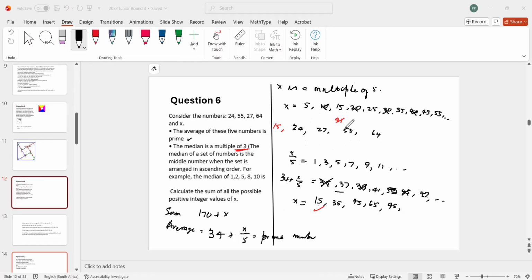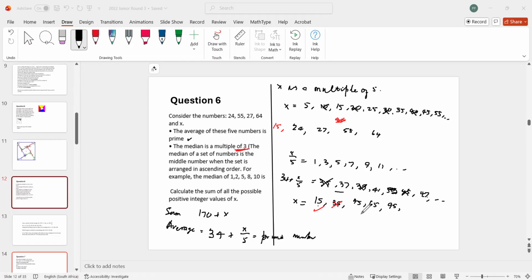I'm sorry, x is 35. Then 35 becomes a median, right? So 35 becomes a median here, and it's not a multiple of 3.